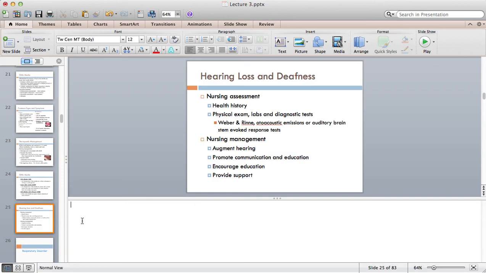And this is one of the reasons why in the immediate newborn period, they do the hearing screening, because they would like to identify that child earlier on if there is a potential for hearing problem or hearing loss.